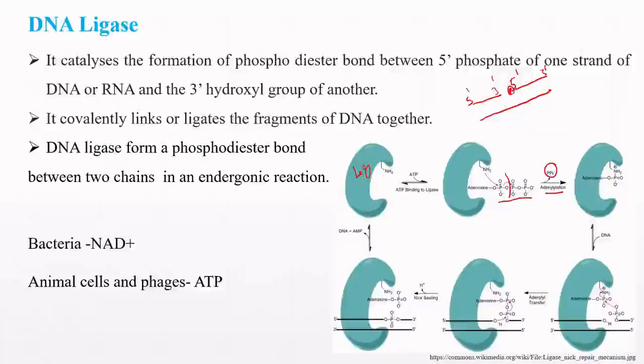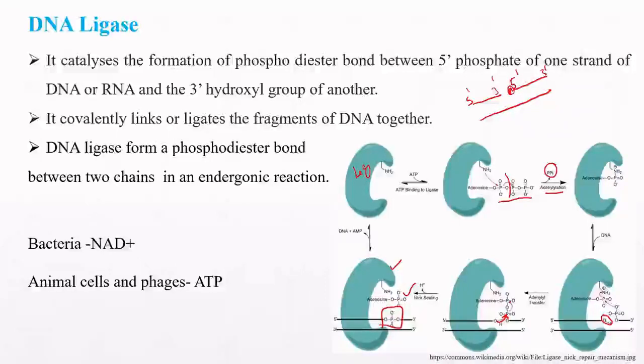Whenever the phosphate has an additional AMP, the OH group present on the preceding strand will attack this phosphate nucleophilically and form a phosphodiester bond. Here, the AMP is released and the DNA ligase enzyme is released. The nick is sealed with a phosphodiester bond.